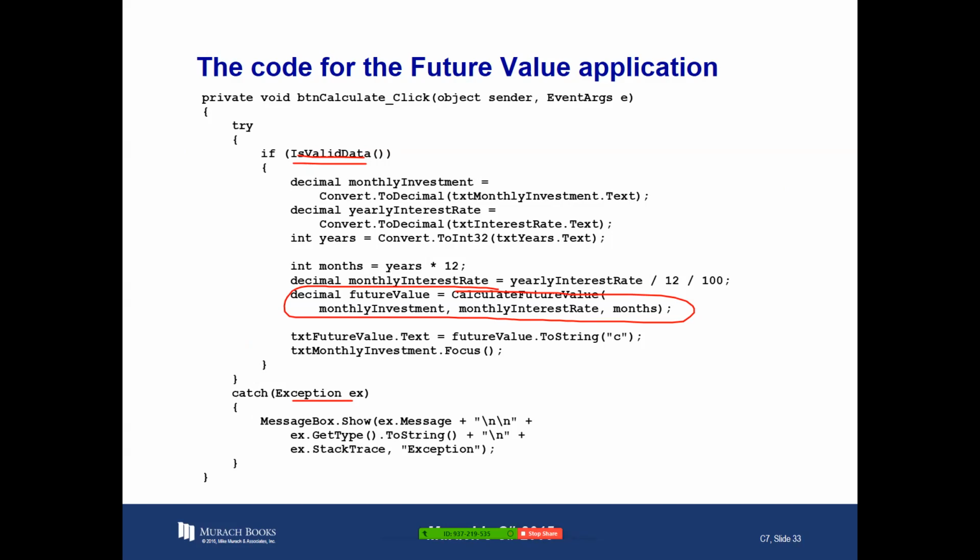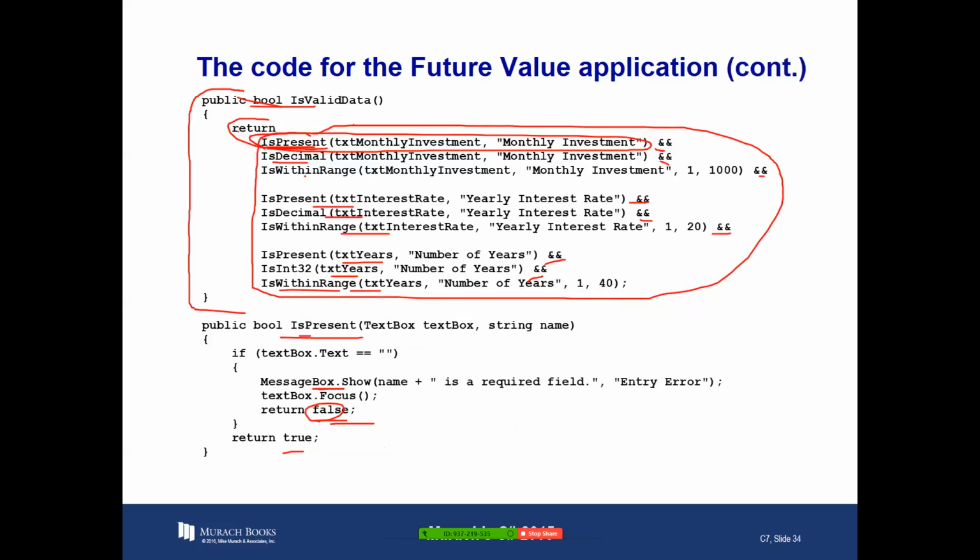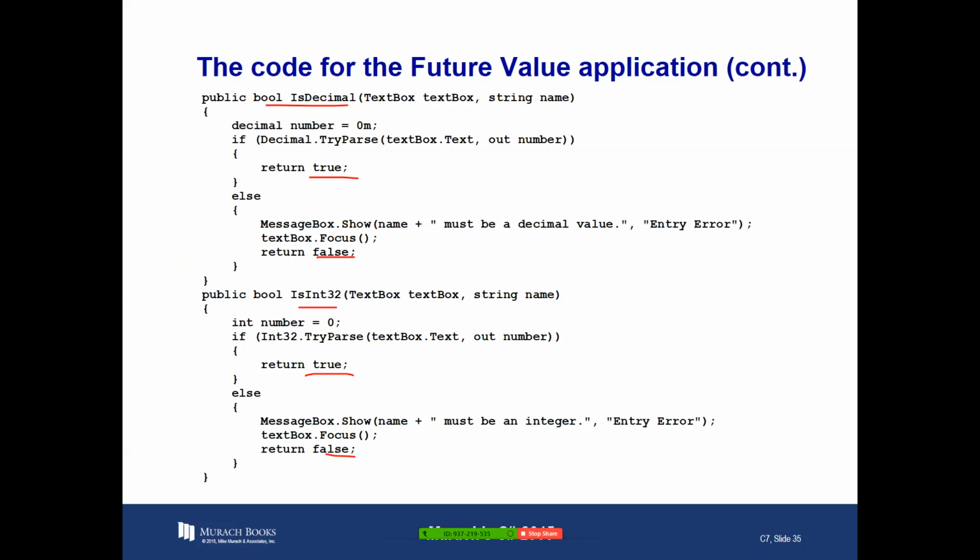So here we're taking the monthly investment and we're converting it to decimal. Okay, so here we're using TryParse. This is interesting. We're using TryParse, and we're getting a number out, but we're not going to use it.